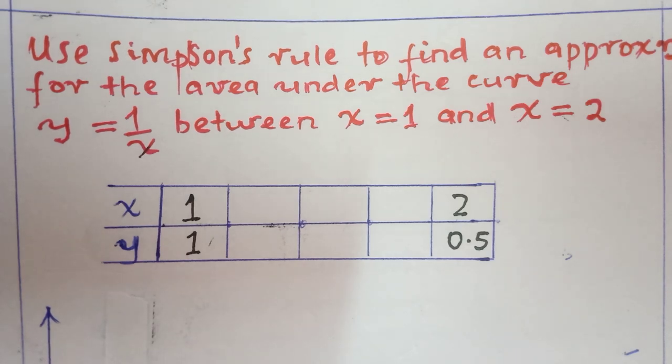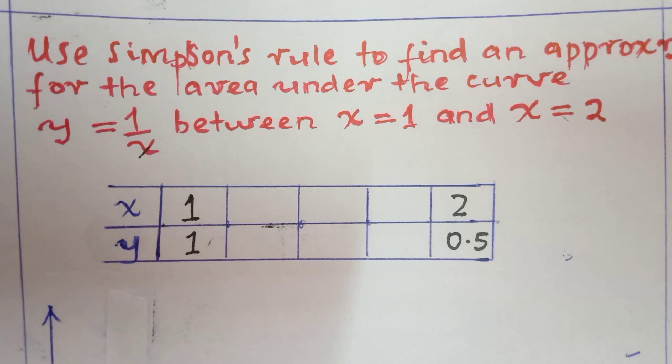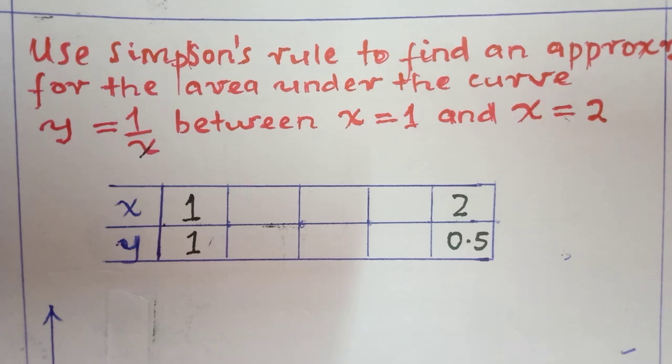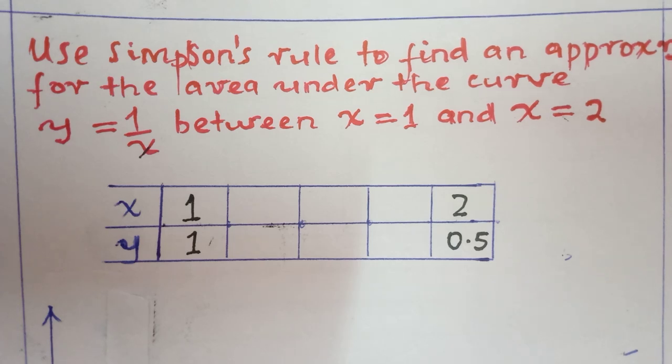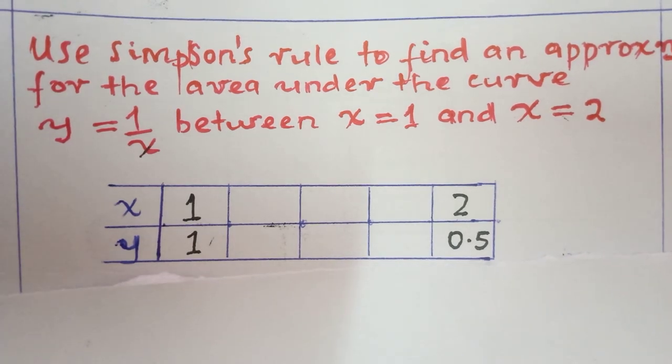For Simpson's rule, it is required that we divide the area under the curve into an even number of strips. Before we do that, first of all, let's read the question.